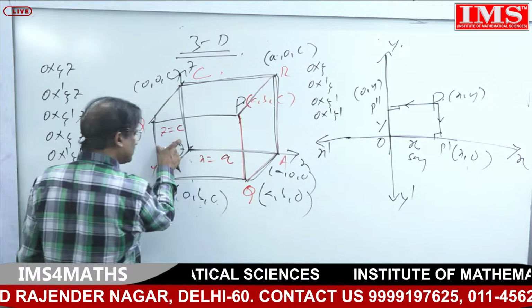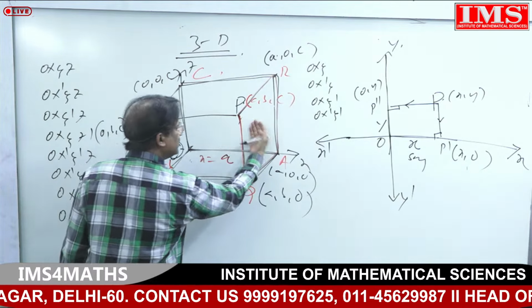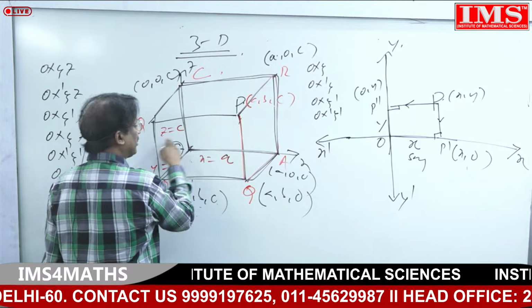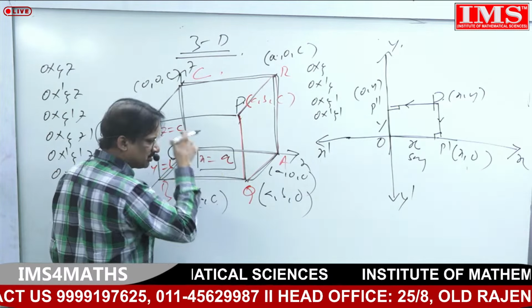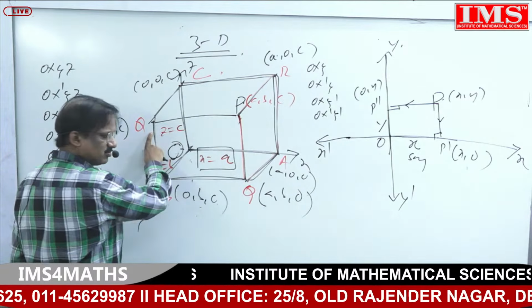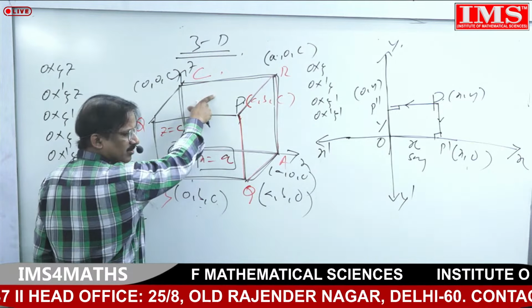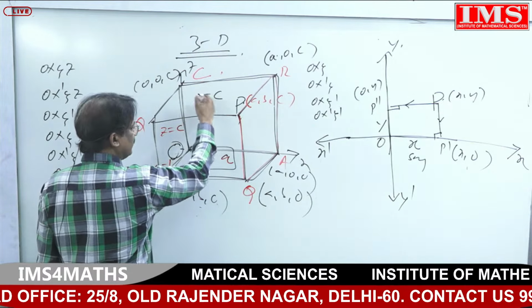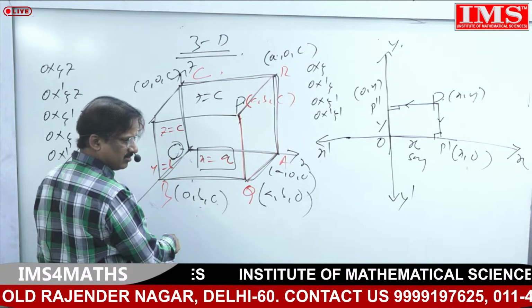Parallel to this coordinate plane you found a plane like this. In how much length is this plane found, parallel to this plane? A length. Then x equal to A is known as the equation of this plane, which is parallel to this coordinate plane. Z equal to C is the plane which is parallel to the OXY plane.